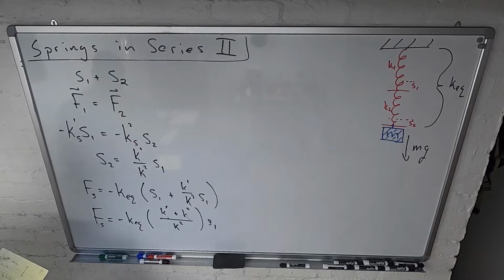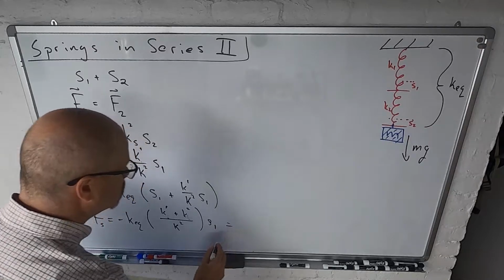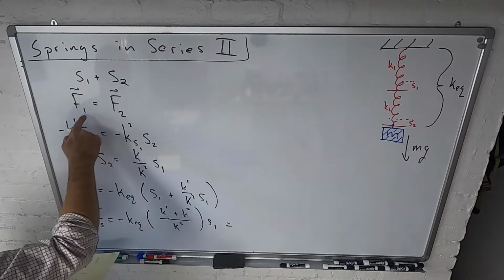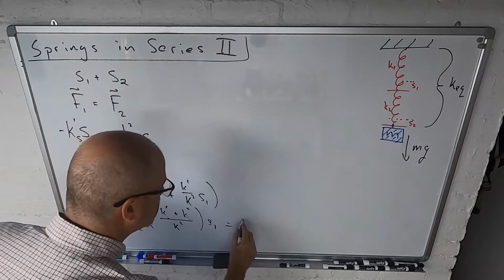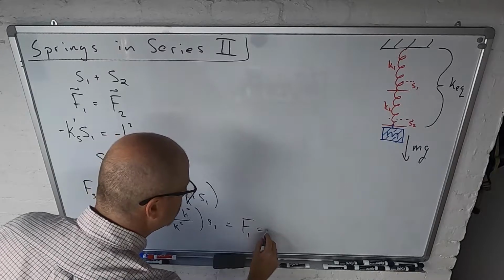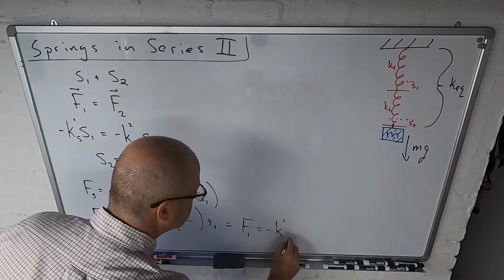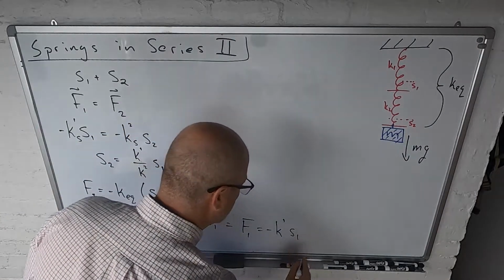Okay? And so what we can write is that this is equal to either F1 or F2. It all experiences the same force. The force on 1 is equal to minus K1 S1.